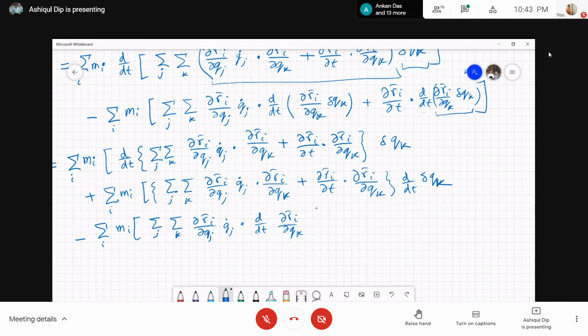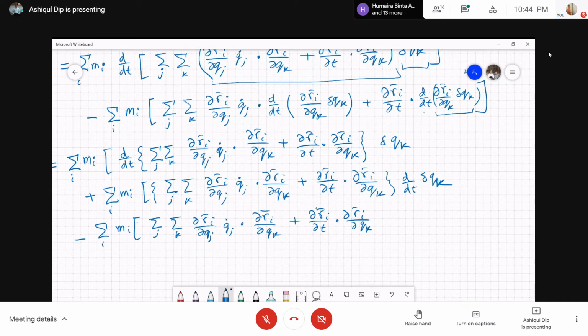If we expand this thing in product rule, the second term, that's what we are trying to write, is this delta r_i by delta q_k plus delta r_i by delta t dot delta r_i by delta q_k. This thing, and then we have the rest.